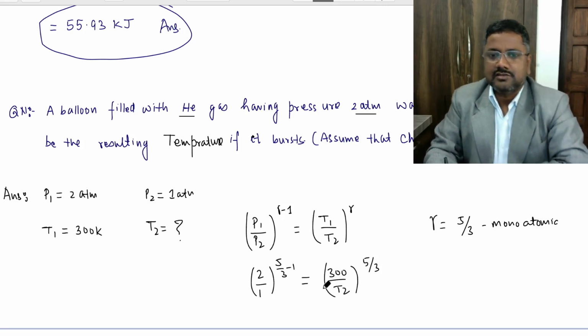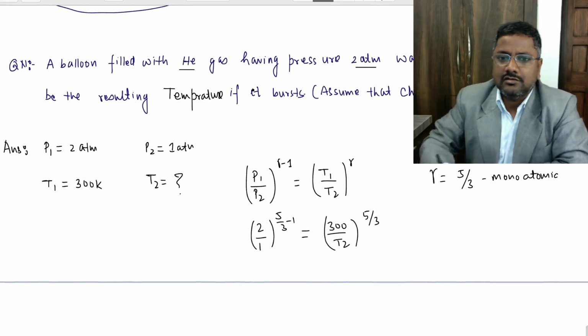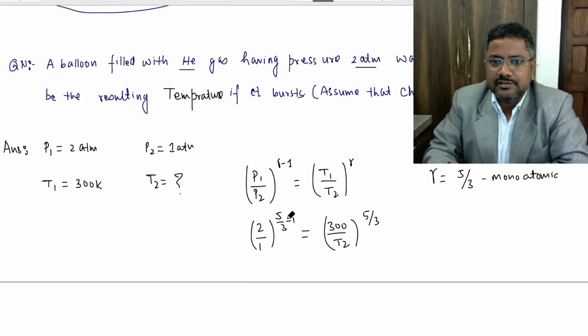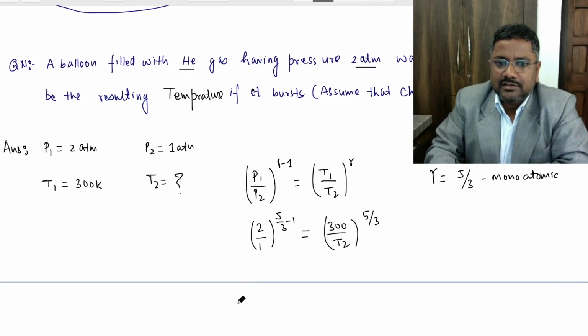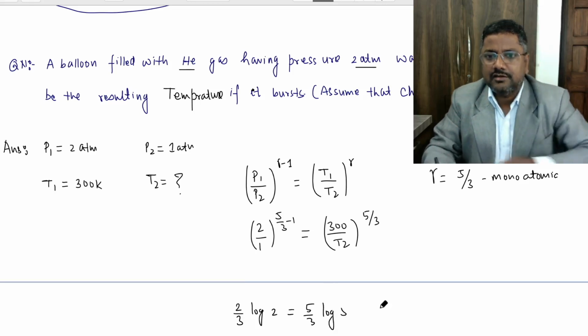Right? Solve this, you can take a log on both the sides. So this is 5 minus 3, 2 by 3 log 2 is equal to 5 by 3 log 300 by T2.